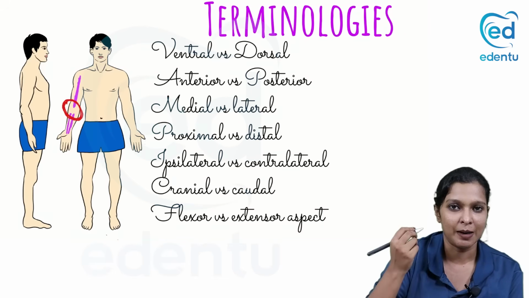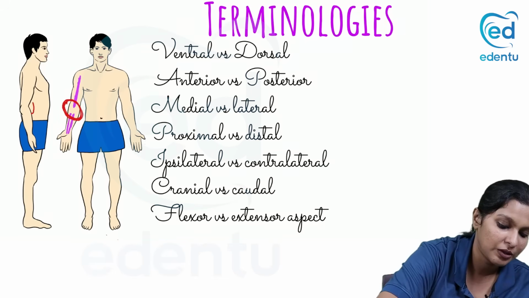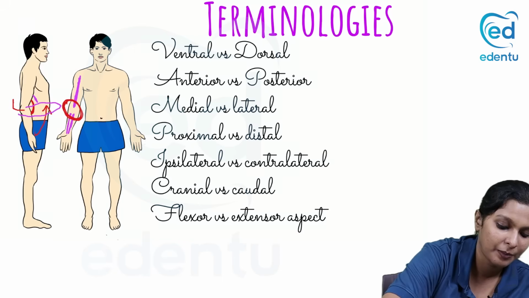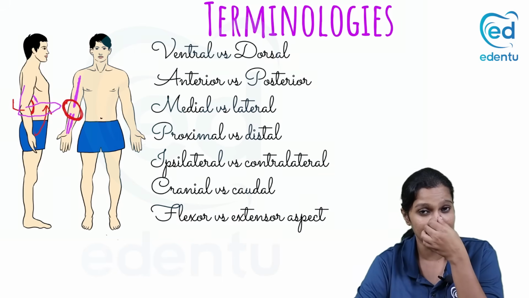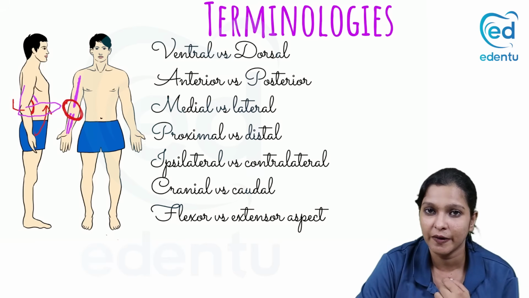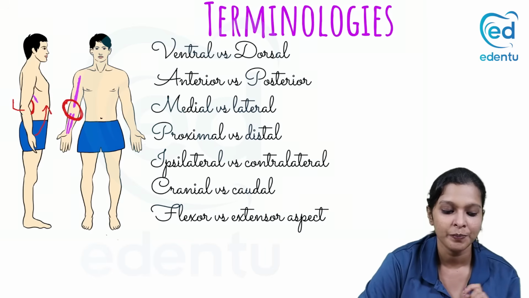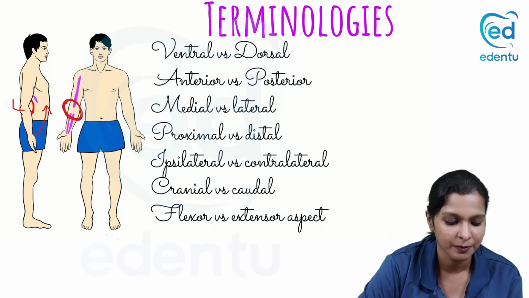When we move the upper limb, this is the angle of the joint. This is the elbow joint and this is the angle. When it is moved upwards, the angle will decrease. If the upper limb is here, the angle decreases. That is called flexion. When the angle increases, like it is here, then it is called extension.